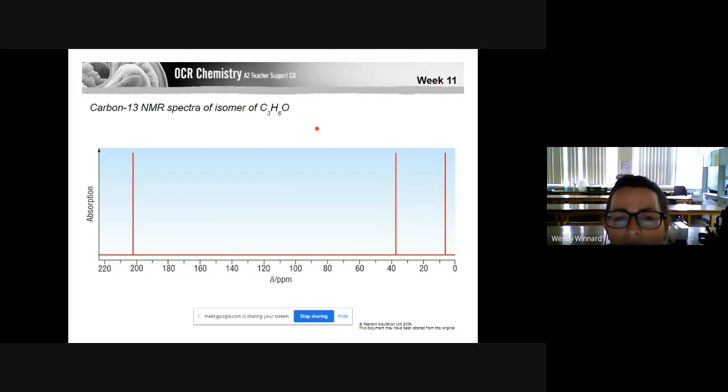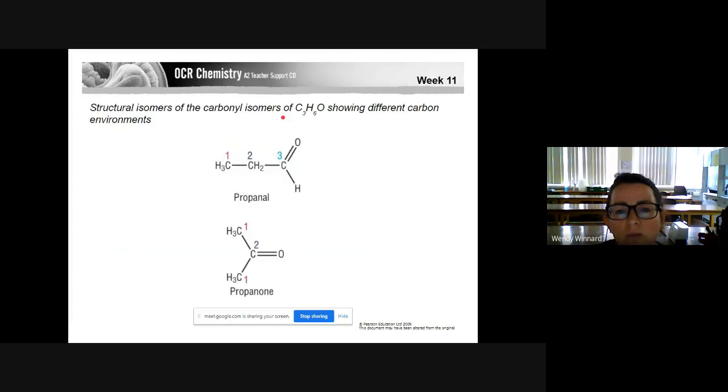That can either be an aldehyde or a ketone. It can either be propanal or propanone, and it's got 3 carbon signals. If you draw the possible structures of C3H6O, it can either be propanal or propanone.